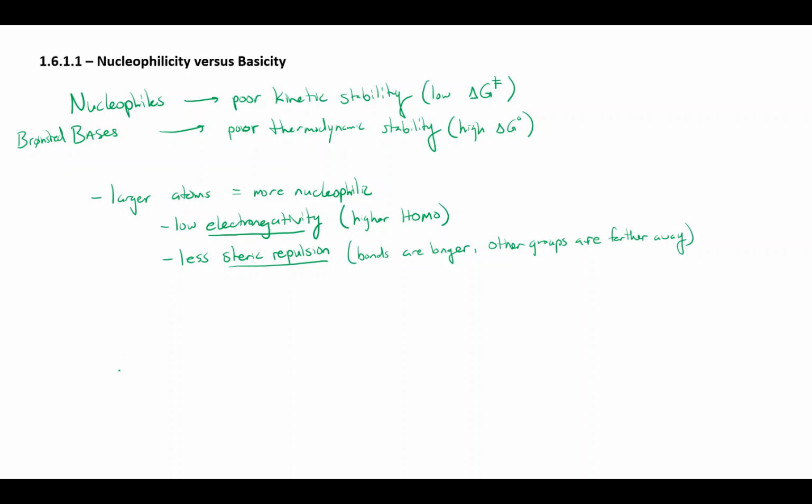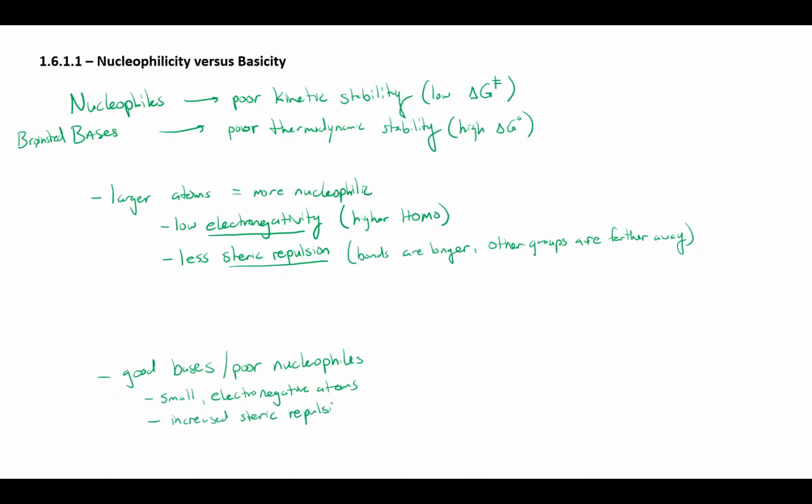So when we get to basicity, a way to make a good base, for nucleophiles, first, we want smaller, electronegative atoms, and we want increased steric repulsion.